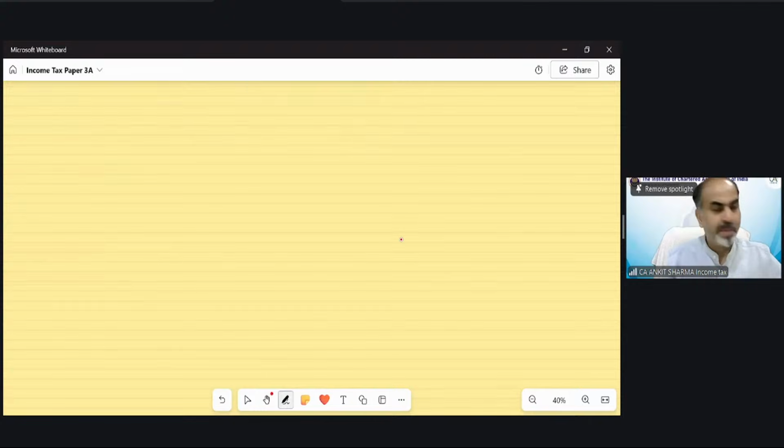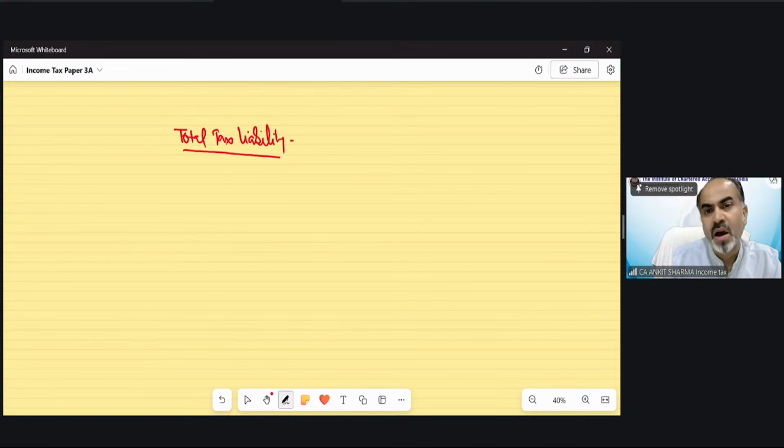There could be a possibility that in the question, they can ask you to calculate total tax. And there are three possibilities. Either the requirement could be to calculate tax under the default tax regime.